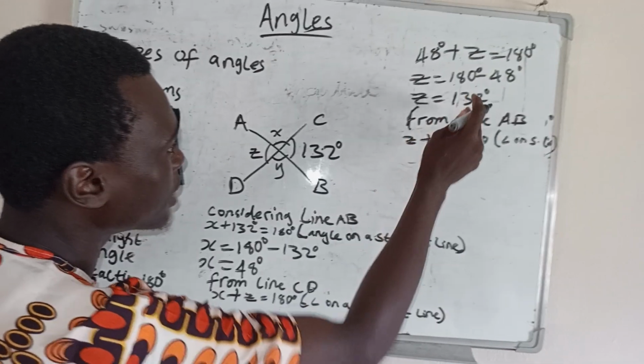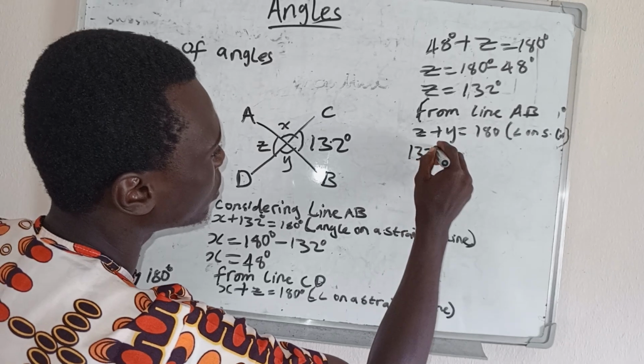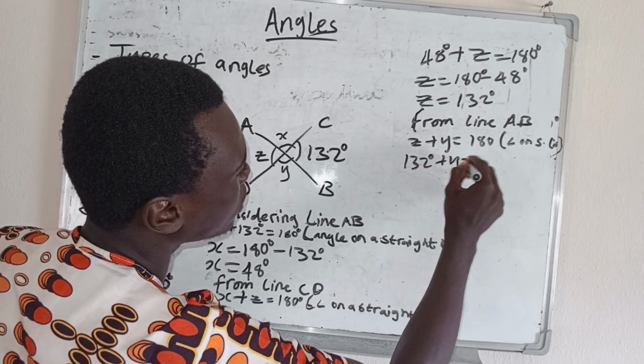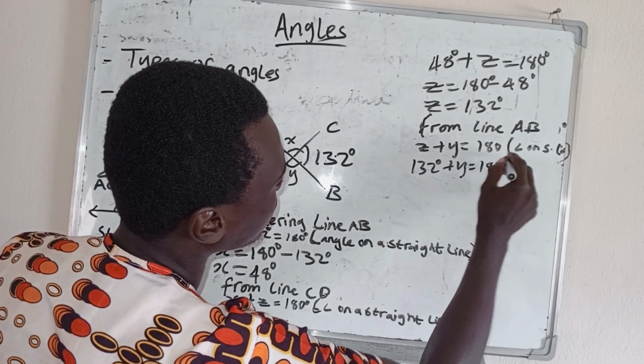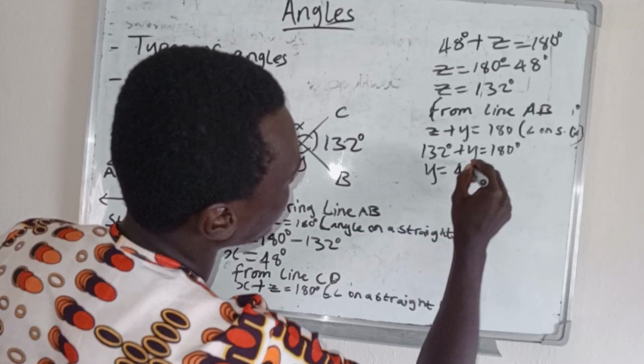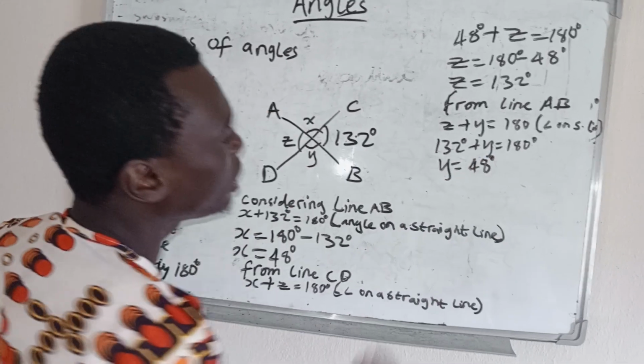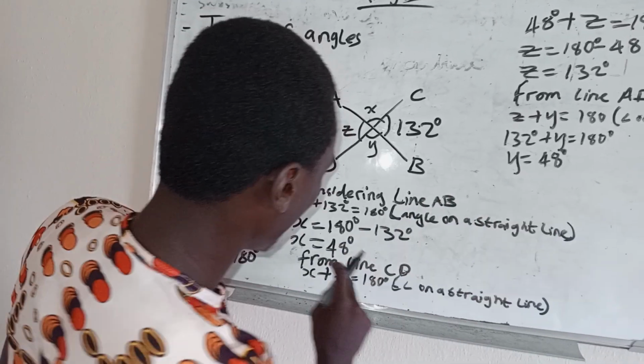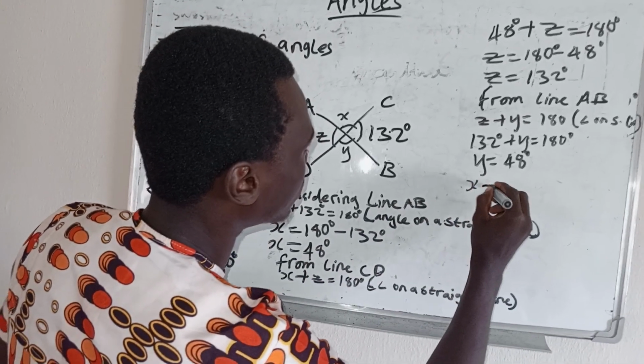Our Z we already know to be 132 degrees, plus Y equals 180 degrees, Y equals 48 degrees.